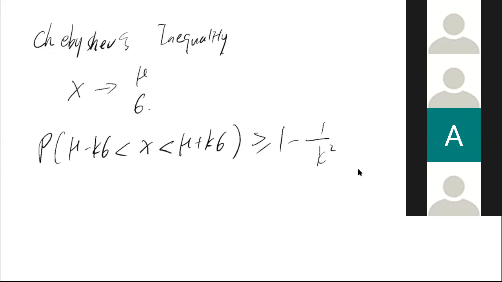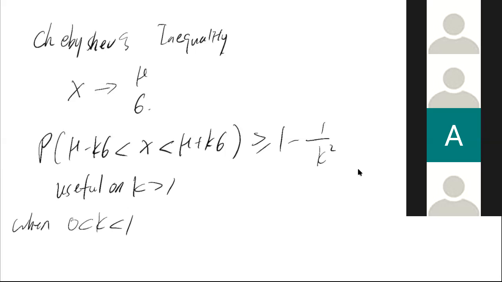But if you look at this Chebyshev inequality, it works for all k, but it is only useful for k greater than 1.